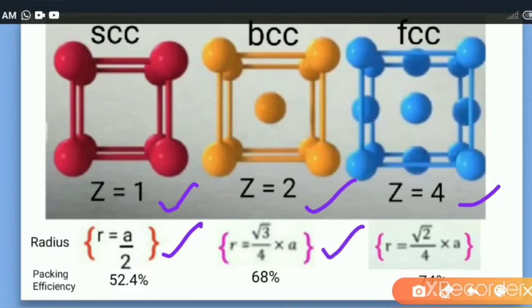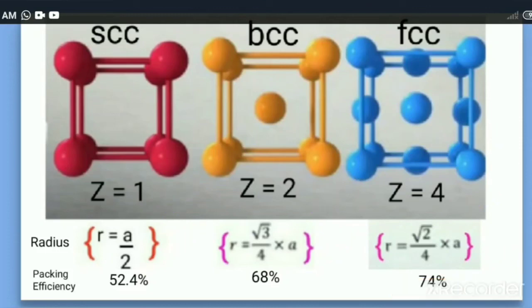And in this video we have found the packing efficiency: 52.4% in SCC, in BCC 68%, and in FCC 74%.